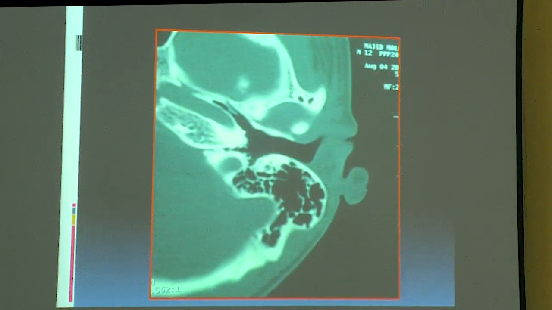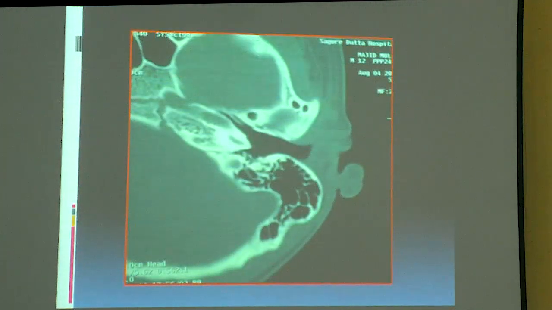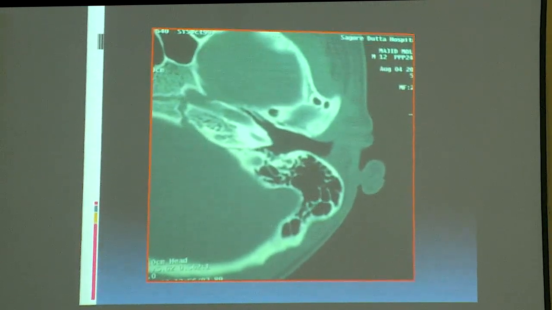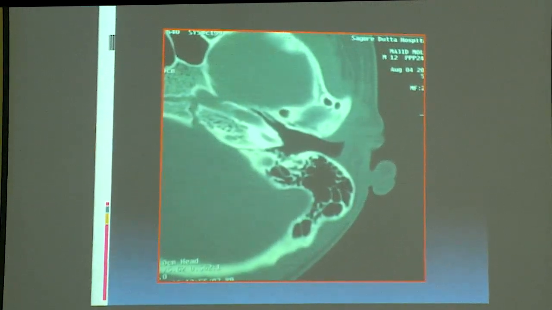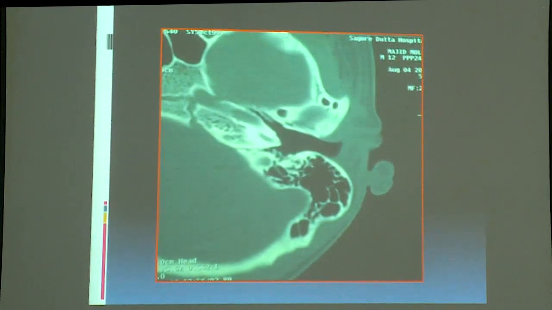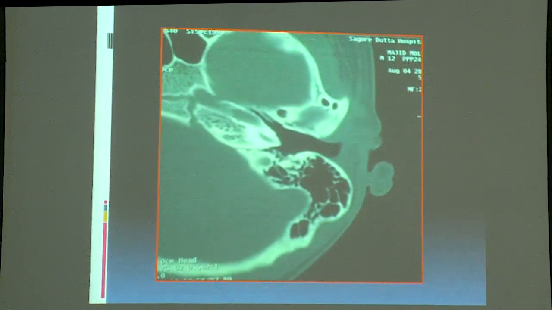It will enter through the opening on the undersurface of the petrous temporal, as sir showed, and go forward as the petrous carotid. Then it will go up, right? So from the foramen lacerum it will again go up and become the paraclival carotid. Then it will go forward and become the cavernous carotid.